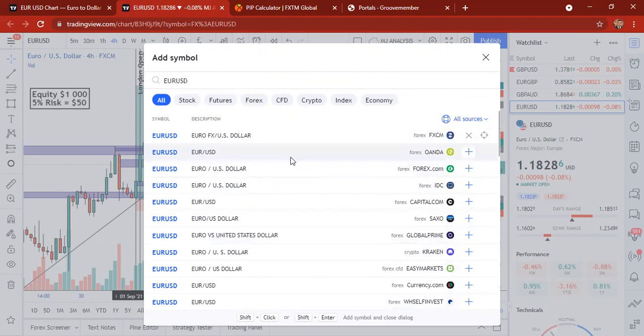So if I click on any of these charts, they're going to be slightly different from the FXCM. The reason why we use FXCM is that it's a direct liquidity provider. That means institutions and hedge funds actually use FXCM to take trades themselves. With the others, sometimes they can increase the spreads.